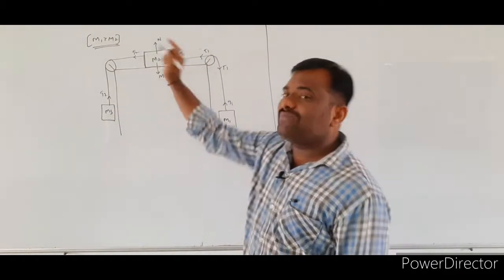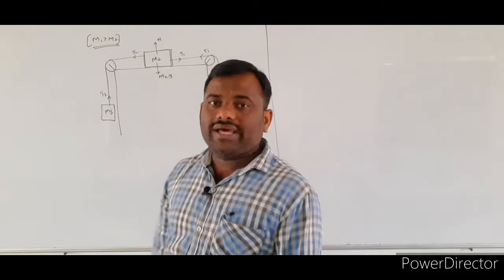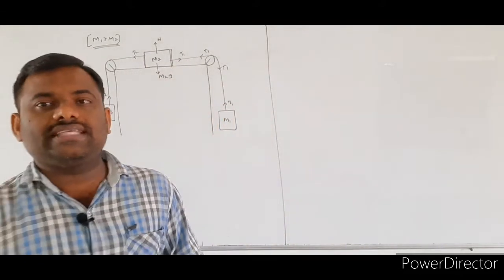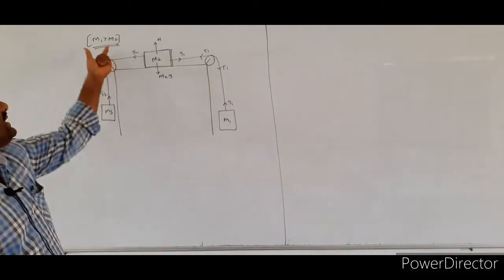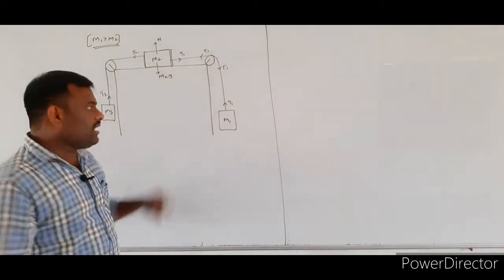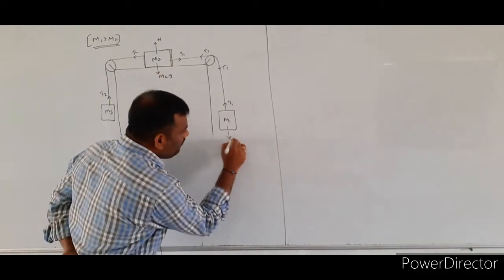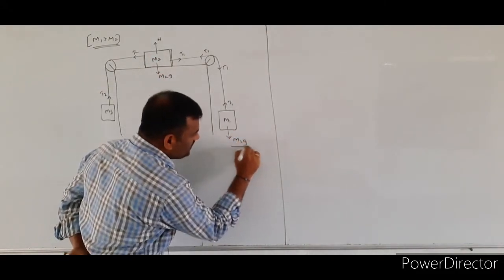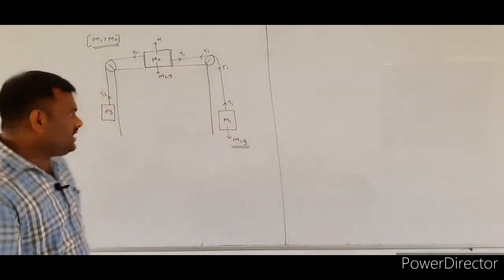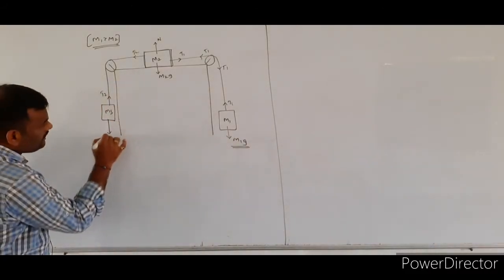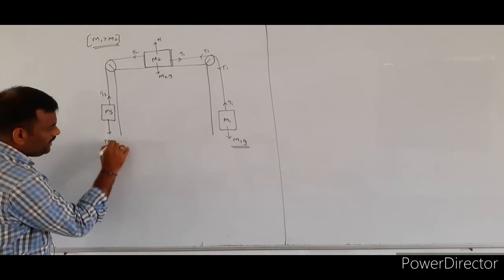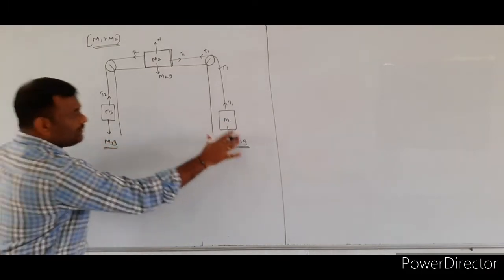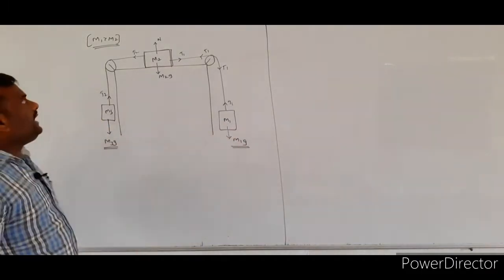We assume here that the mass of the first block is greater than the mass of the third block, so that its weight acts in the vertically downward direction. Its weight is given by m1g, and the weight of the third block is given by m3g.